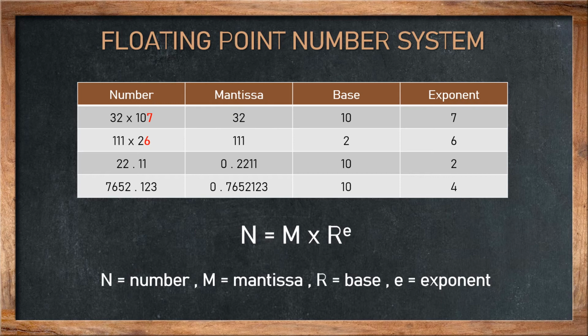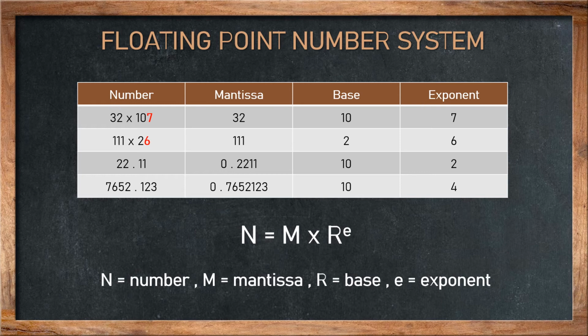This number should always be in this format, that is m multiplied by r raised to e. This n is nothing but the original number. This m is nothing but the mantissa. Now we know what mantissa is, right? r is nothing but the base. We always need to mention the base so we can know whether it's a decimal number or a binary number. And this e is nothing but the exponent.